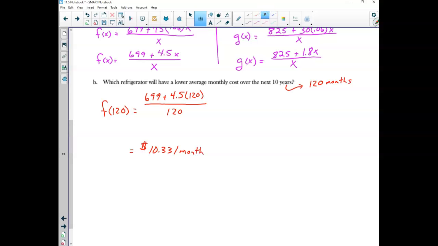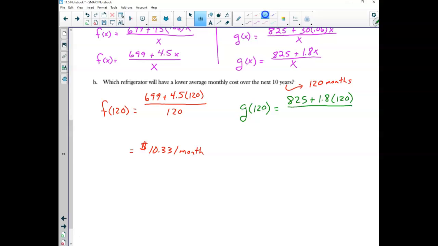Okay? How about Mr. Cool as a Cucumber? Well, that's taking and putting 120 in for that. Remember, Cool as a Cucumber is more expensive at $825, but it's only costing us $1.80 for 120 months. So there, if I put that in, that's my total cost of having that for 10 years or 120 months.